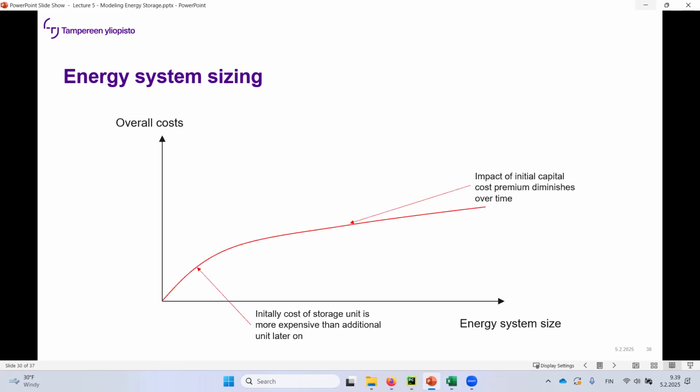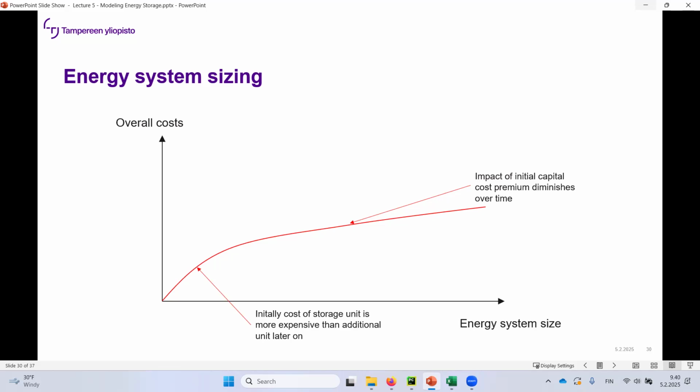And if you're thinking about the overall costs, in here, if you're increasing the energy system size, the overall costs are going to start increasing rapidly. So initially, the cost of a storage unit is more expensive than an additional unit later on, because later on the economies of scale start to affect. The impact of the initial capital cost premium diminishes over time.